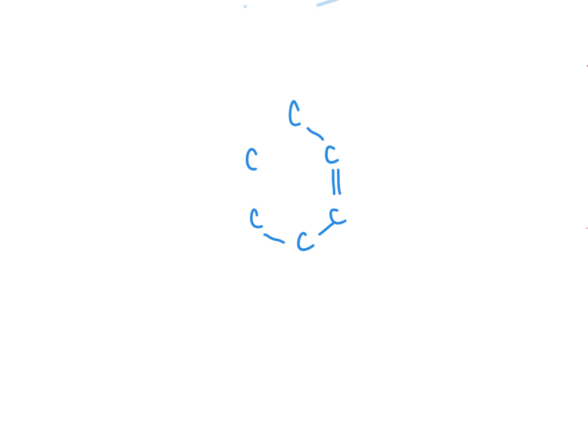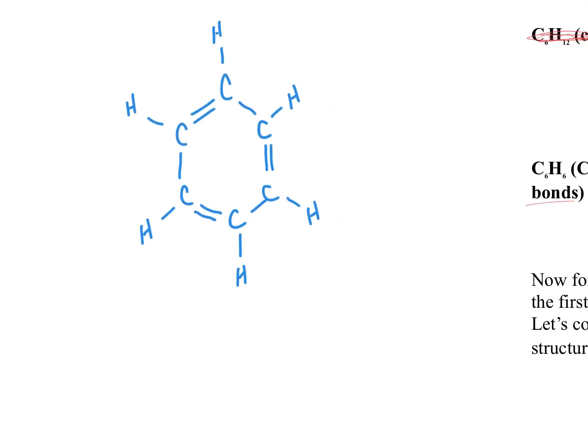Single, double, single, double. So each of these carbons has 3 bonds because it's connected to 1 double bond and 1 single bond. It only needs 1 hydrogen. And that is benzene. Benzene is a very important molecule that you have probably floating around you in many ways.